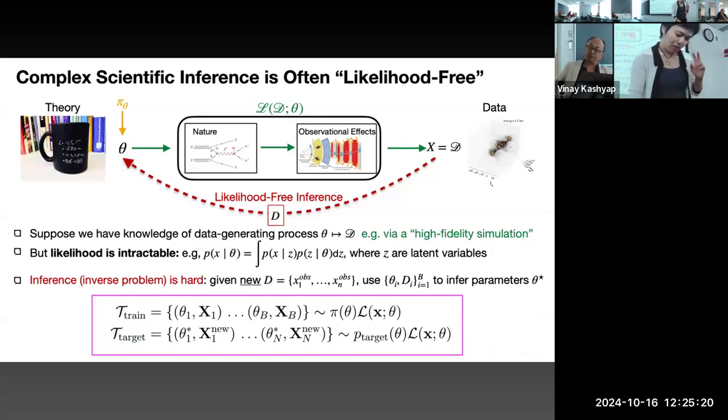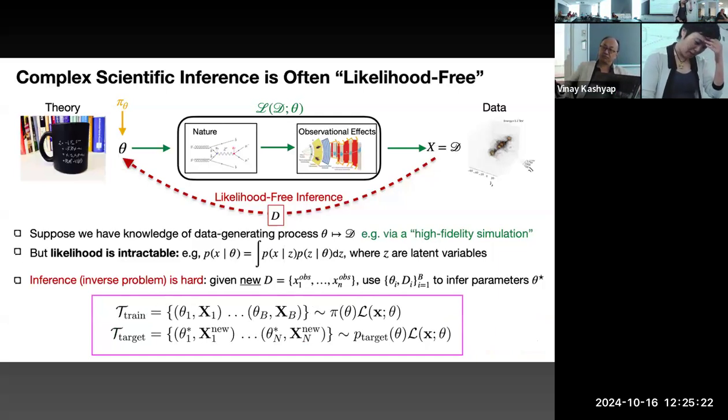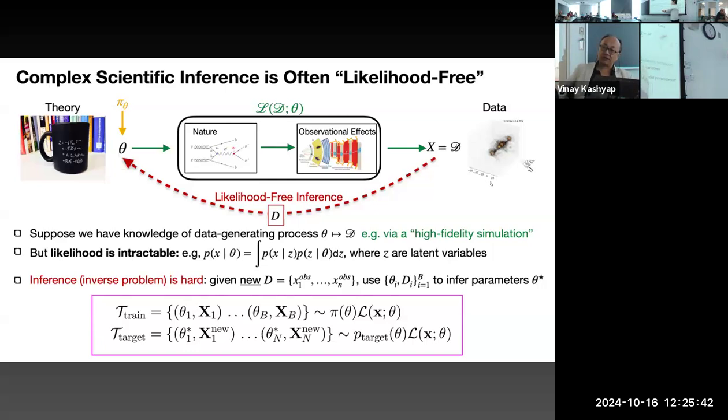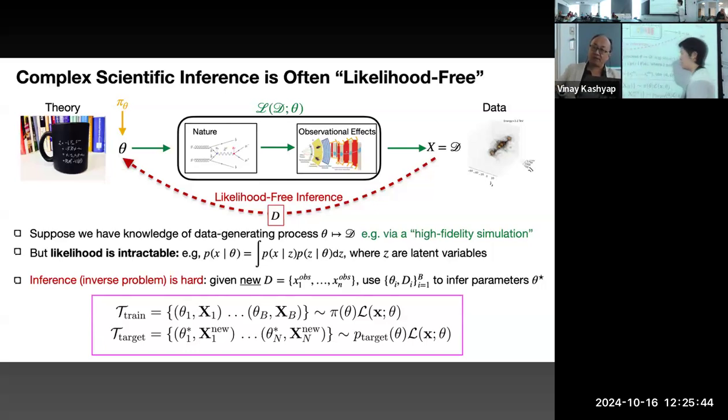And I think I need to spend some time explaining what I mean with prior, because it's not a prior in a strictly Bayesian sense. Okay, so this is kind of a machine learning friendly setting. So I have a training set of pairs of parameters of interest and observable data. And then I have a target set where I have the observations and I don't know what the true parameters are. Okay, so what is the prior? The likelihood is the data generating process, so the physics plus observation effects.